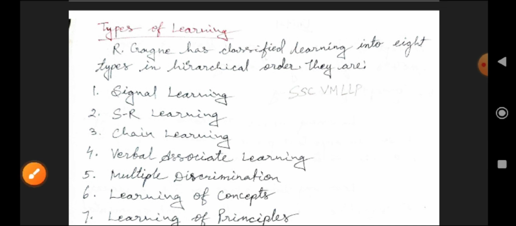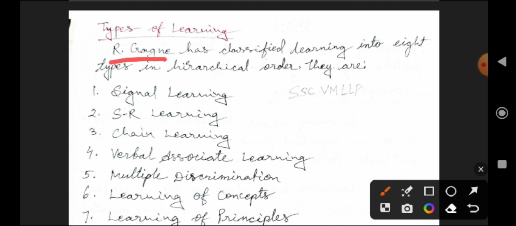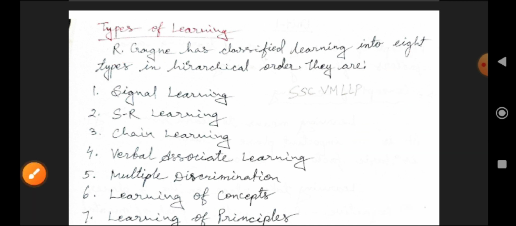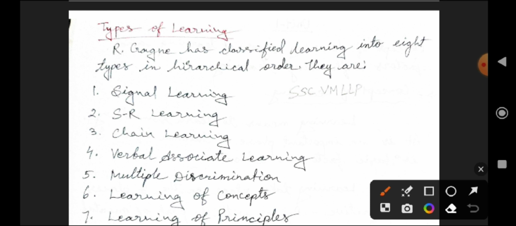See, R. Gagne has classified learning into 8 types in hierarchical order. Hierarchical order means like this. Okay, so the first one is signal learning.